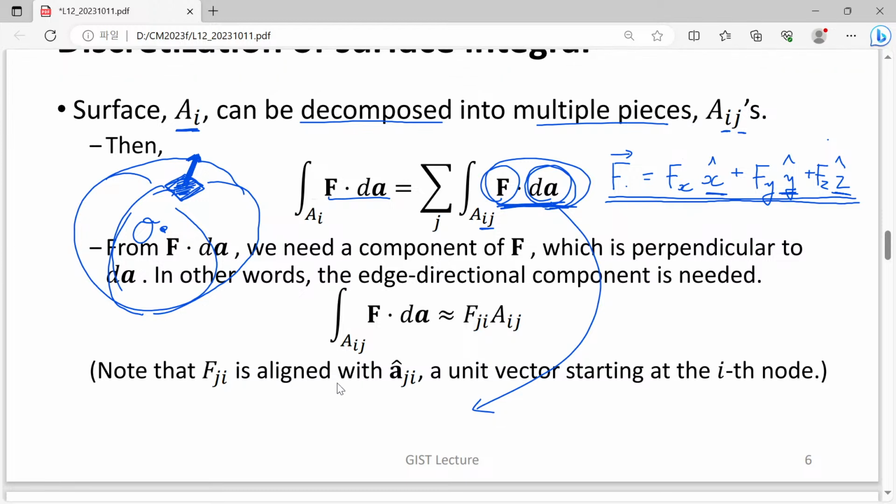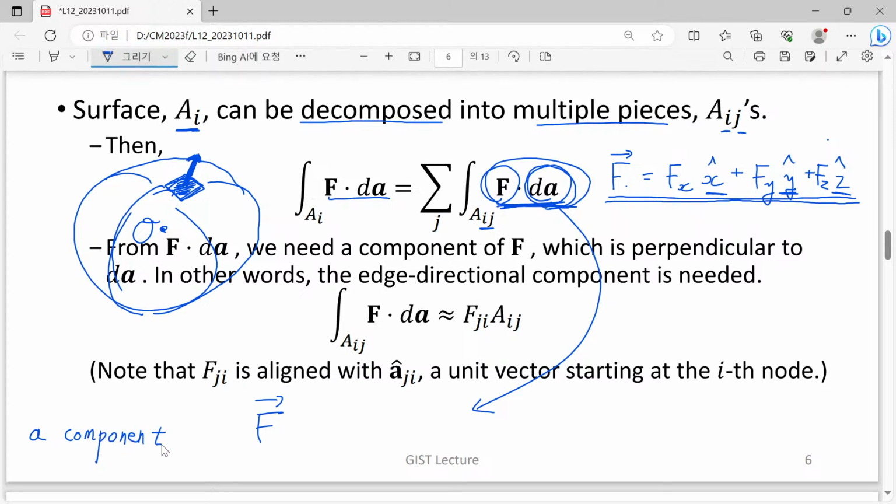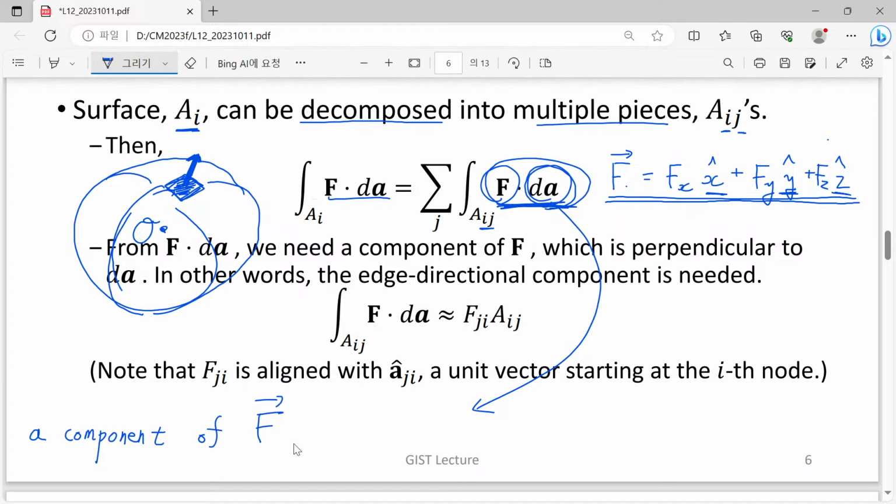Simply speaking, this is proportional to a component of F which is aligned with dA.